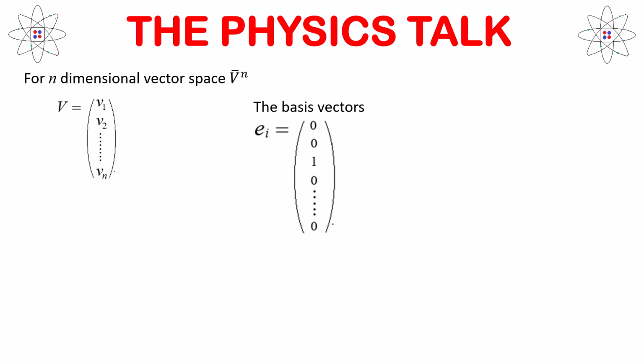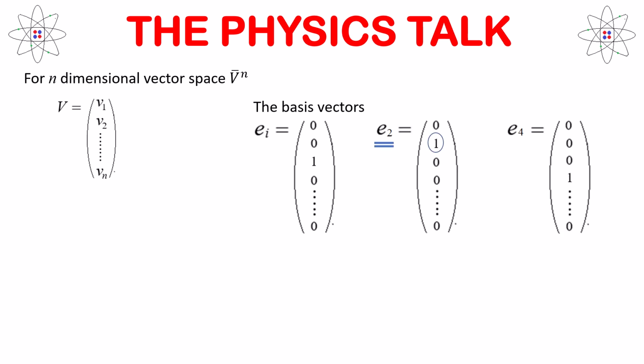Out of all these n components, only the one that corresponds to that specific basis vector will have value 1. The values of the rest of the components are zeros. For example, if the basis vector is E2, then the second component will be 1 and the rest are zeros.